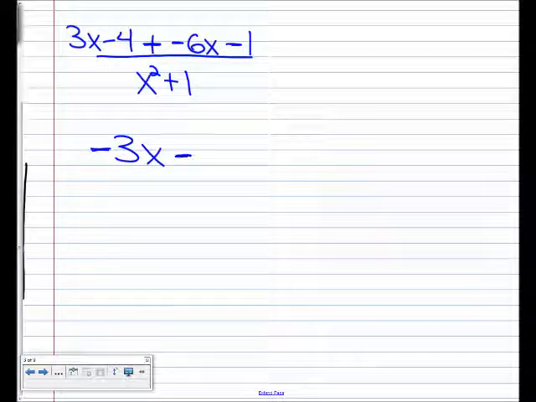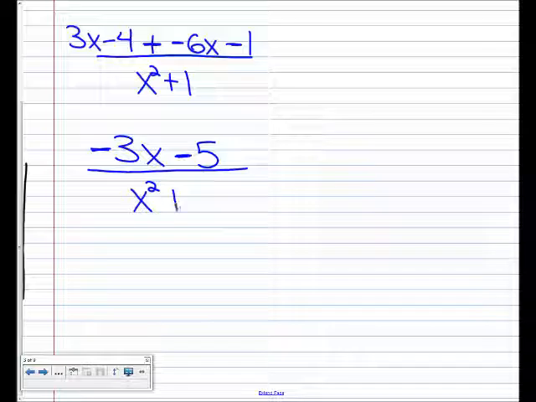Negative 5. My tone did not say anything about being mean there. But now it is. That was Guillermo, by the way. All right, so the denominator is still x squared plus 1.